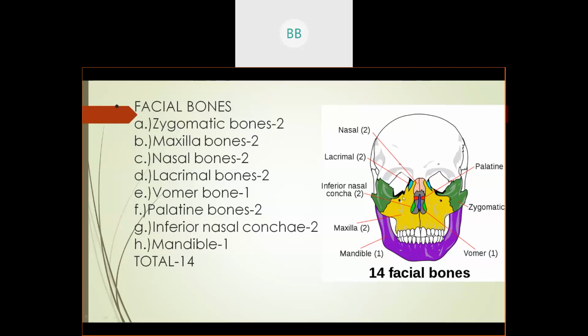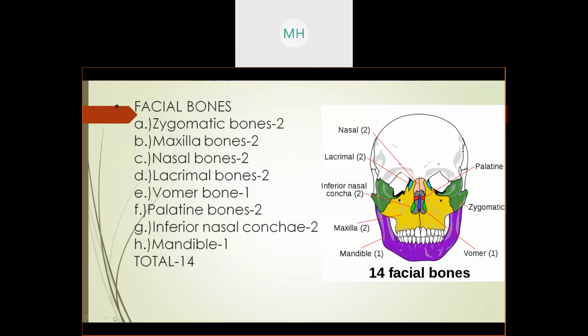You have two lacrimal bones. Okay, Bhaskar, remember, your lacrimal bone is here, one, two. No, no, I'm asking about lacrimal bones, not nasal bones. Okay.